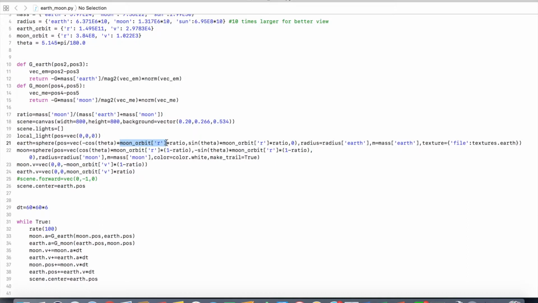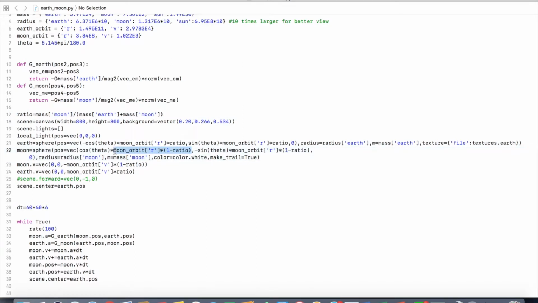So if I want my center of mass to be at the origin, my Earth should be this distance away from the center of mass, this distance away from the origin. So negative Moon orbit r times ratio, and ratio is right here. And the Moon will be on the positive x direction from the origin, and its distance from the origin will be this one.